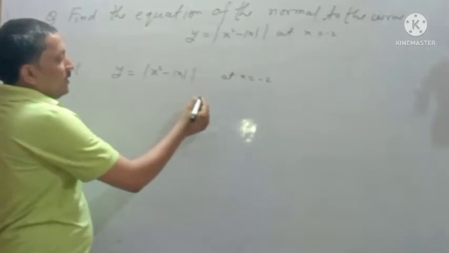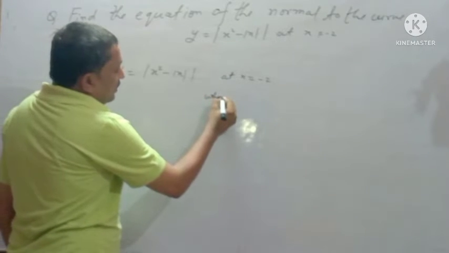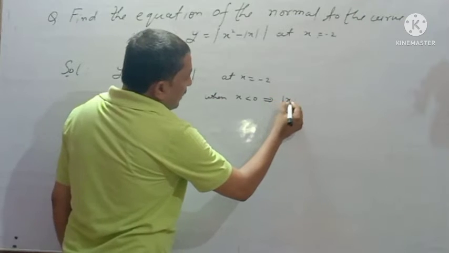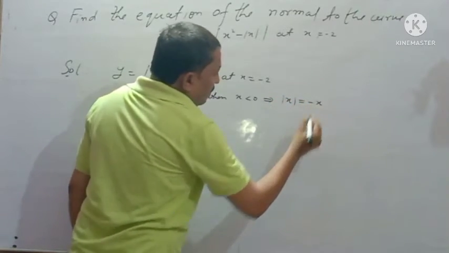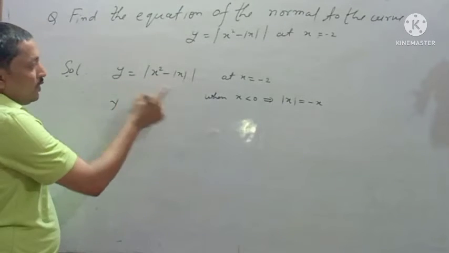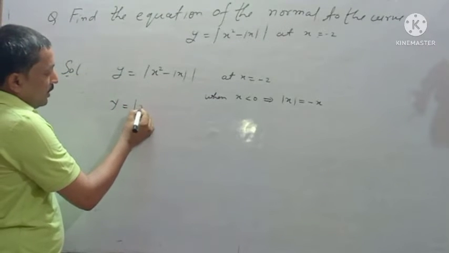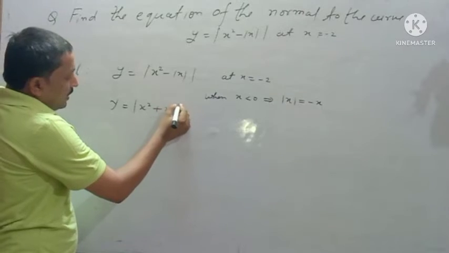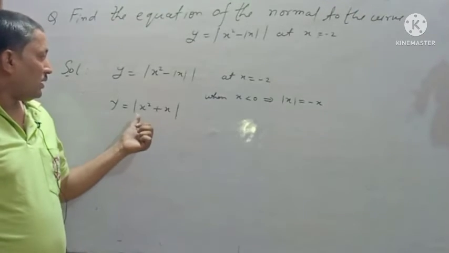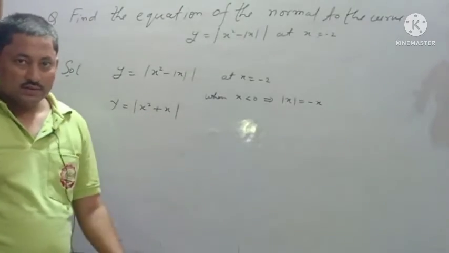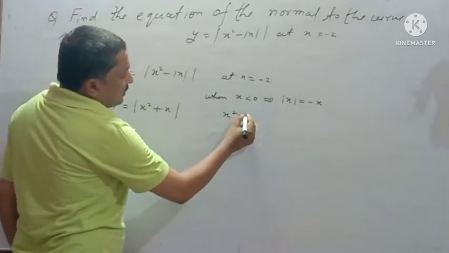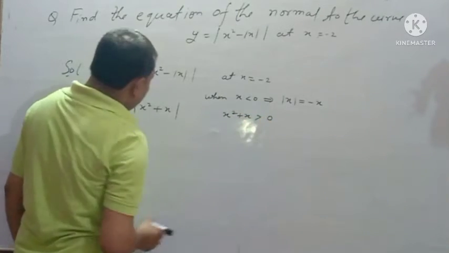Therefore, we know that when x is less than 0, mod of x is equal to minus x. So we can put here the value of mod of x, and we get x square plus x. We know that the value of y is always positive, so x square plus x is always positive.